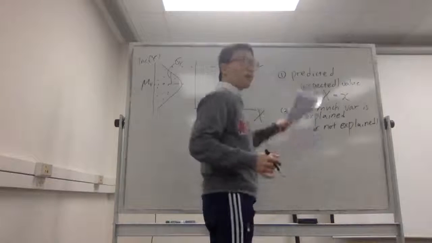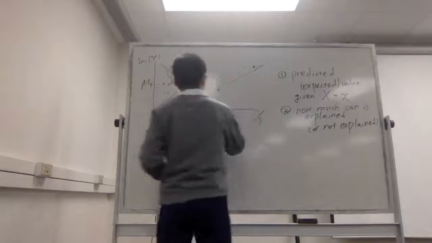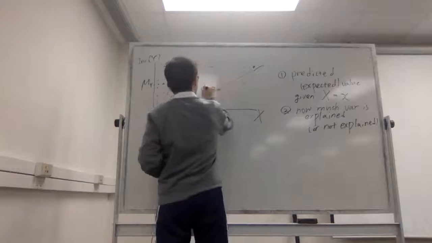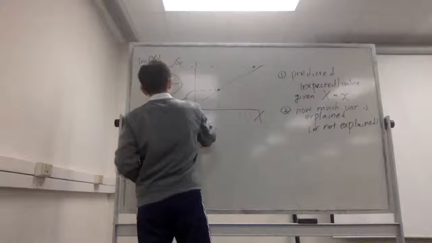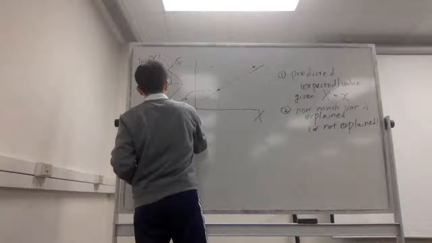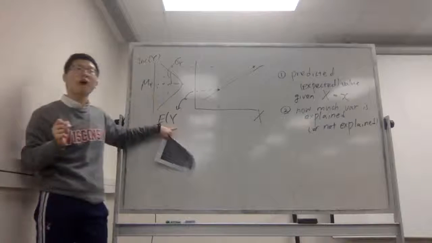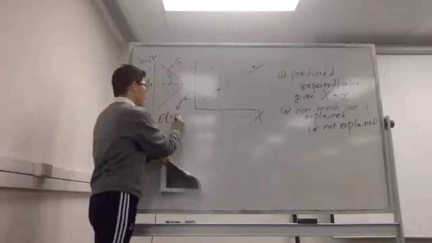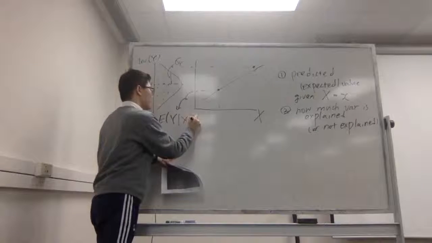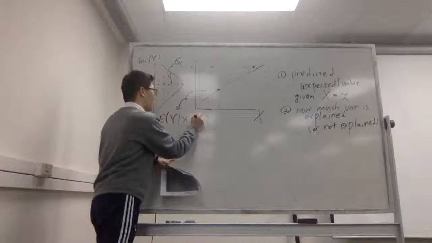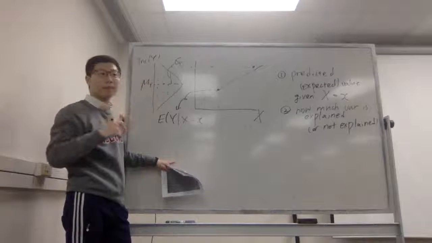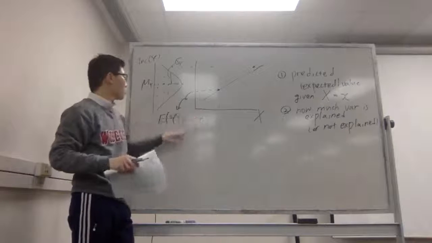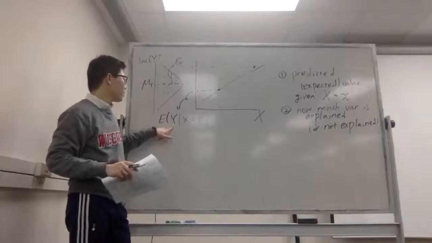So the first component is noted as this one, the expected value of y given x is a certain number x. So this is the predicted value of y.